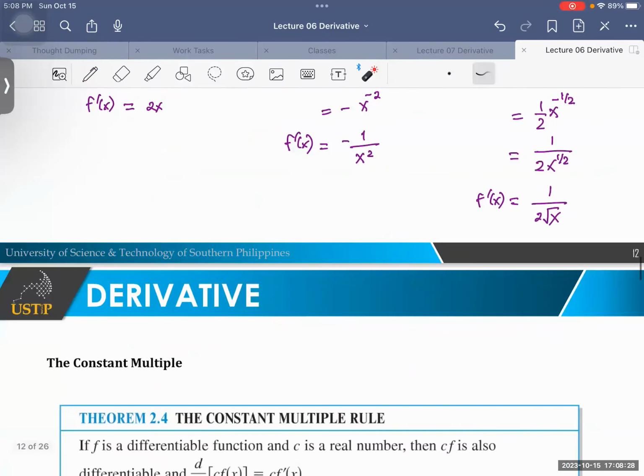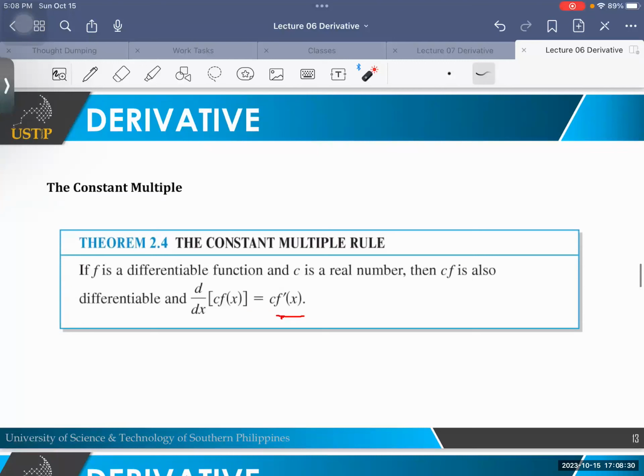Sige, let's move on to the constant multiple. Ngayon, importante yung constant multiple. Basically, class, what it means sa kining nga theorem is, if you have f of x, and it is multiplied by some constant number, ang pasabutan na is just equal to that same constant number multiplied by your derivative.